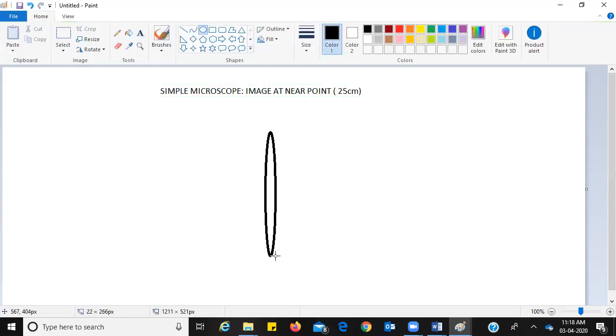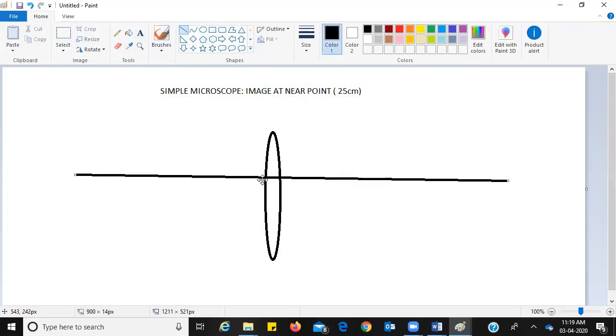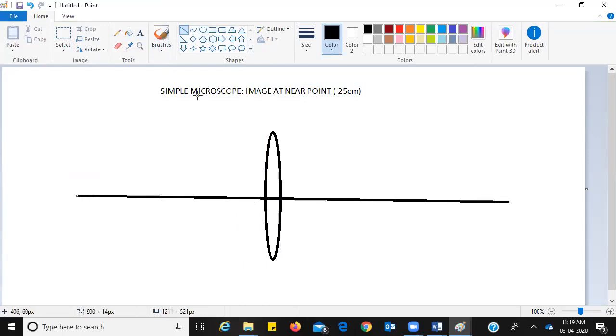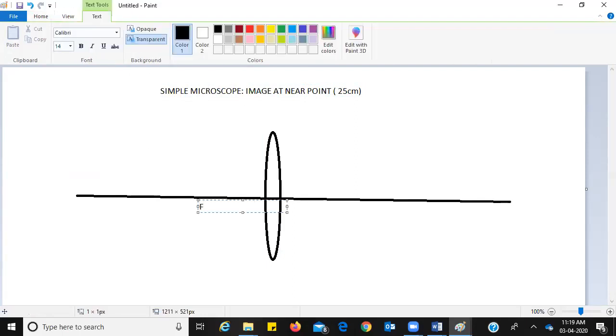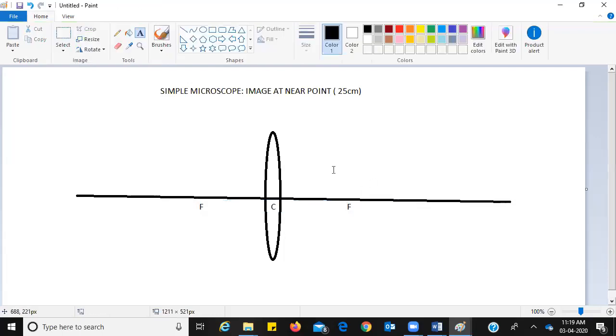This is a single convex lens. This is the principal axis, which should bisect the lens. Mark F on both sides. This point is C, the center of the lens. I'm marking just F, not F1 and F2. Both are equally away from the center.